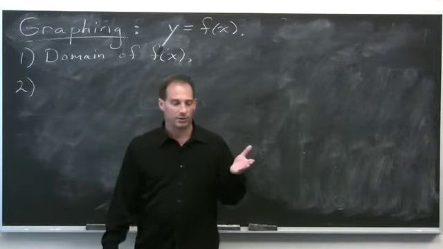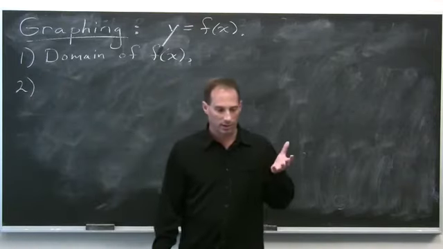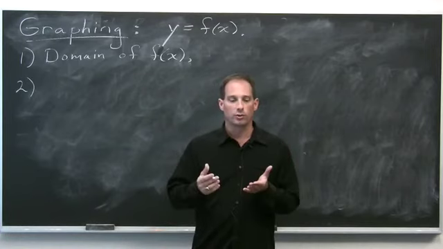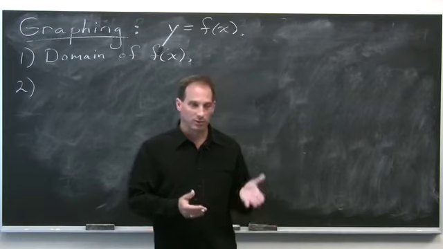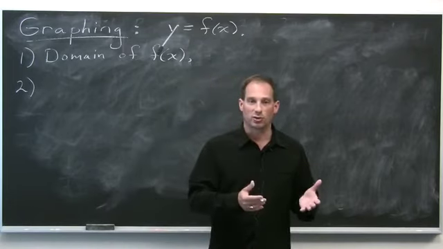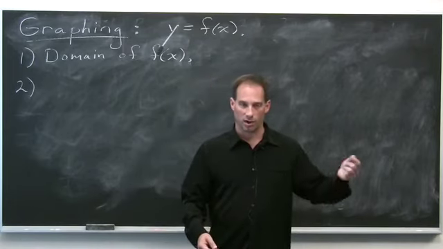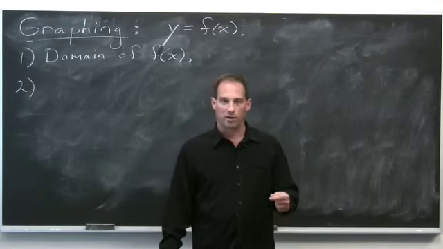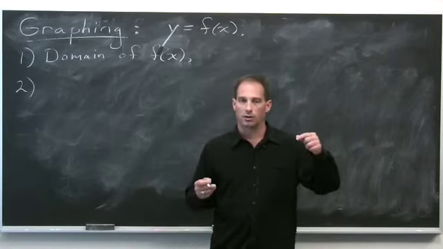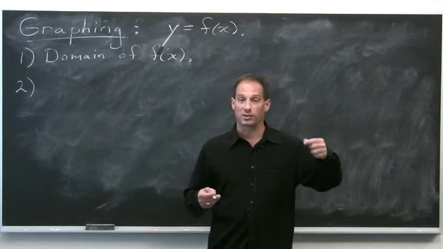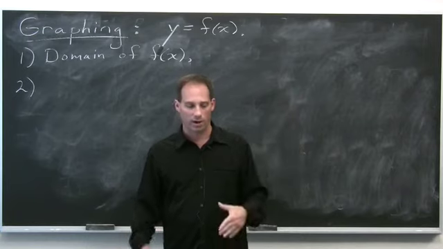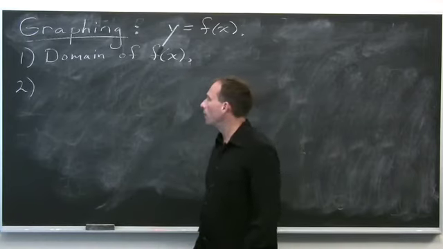After that, there's the first calculus thing you'd like to know: what the first derivative tells you. Well, we know that where the first derivative is positive, the function is increasing, so the graph goes roughly from the lower left to the upper right, so it has positive slope. When f prime is negative, the function is decreasing, the graph roughly goes from the upper left to the lower right, so it has negative slope.